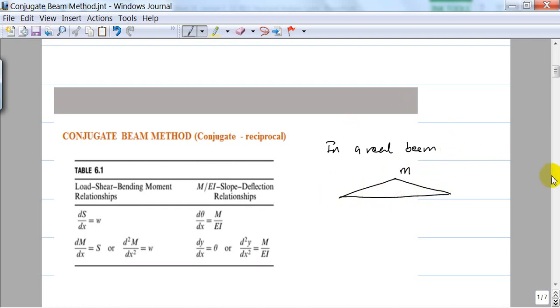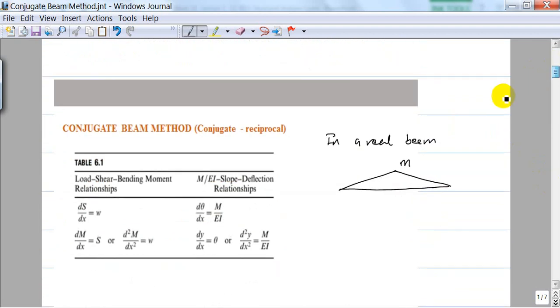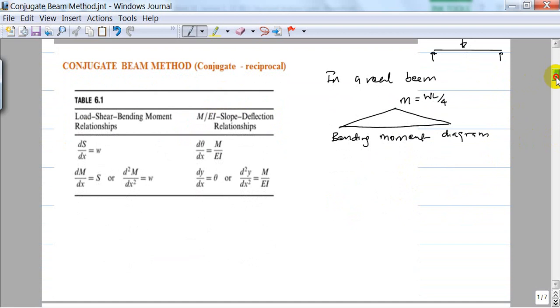If my beam is something like this, and if the load is W, the M is equal to WL over 4. That's how we plot the bending moment diagram. I'm just sketching to show you, because I think you already know how to plot this one. So that is the bending moment diagram.